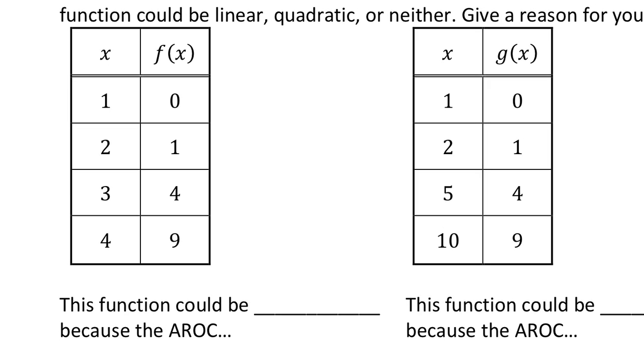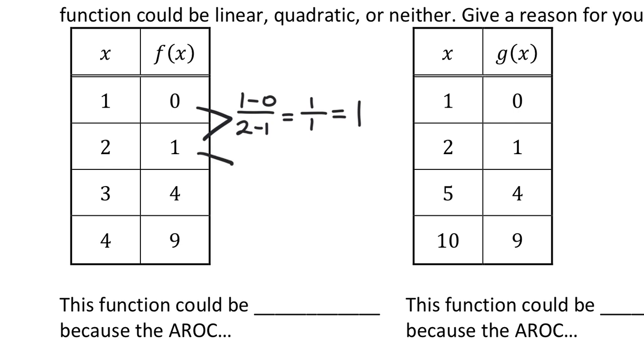If we're finding the average rates of change between each of these intervals, we can use a little shortcut like I did on that very first problem and write down the average rate of change just to the side of the table. The average rate of change over these intervals would be 1 minus 0 over 2 minus 1, which would be 1 over 1. That's 1. Do I follow?